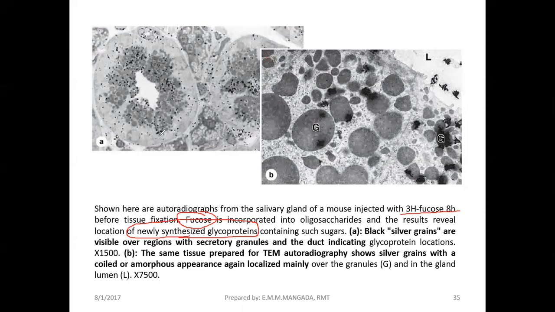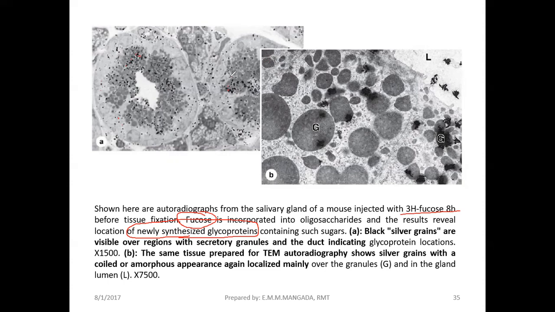So guys, for letter A picture, we can see here the black silver grains. Makikita nyo yung mga dot-dot na black. Yung mga black dyan. So yung mga regions na yon are actually regions with secretory granules.